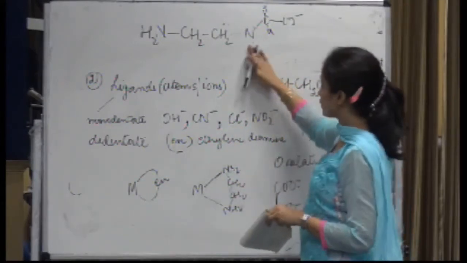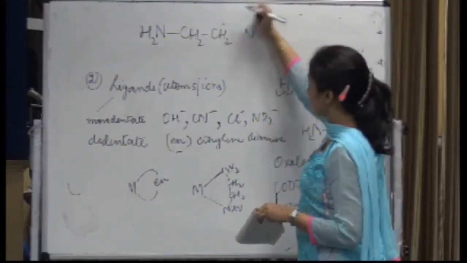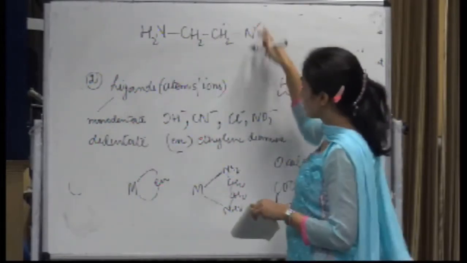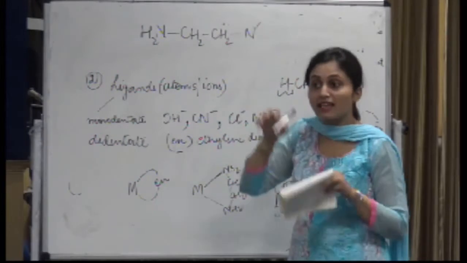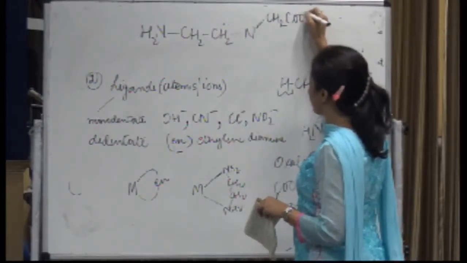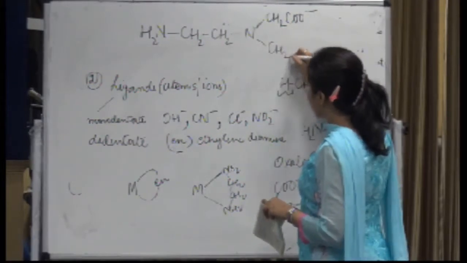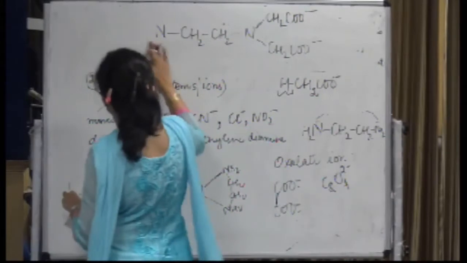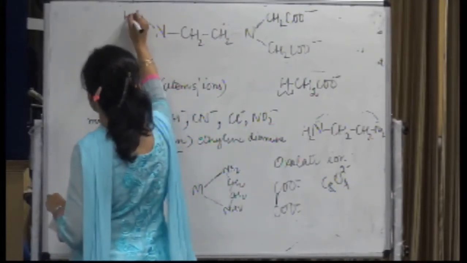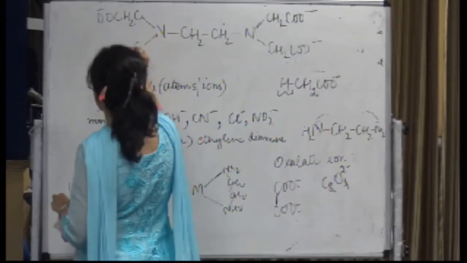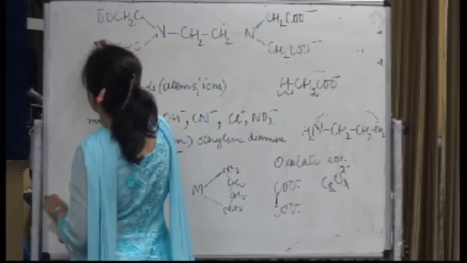Okay, so now I was explaining ethylene diamine, which you understand is CH2 CH2 NH2 NH2. Now here, in place of 2 hydrogens, we have the acetate ion. So you have CH2COO minus, CH2COO minus. It is tetra, tetraacetate, so remove the other two hydrogens also, so you have CH2COO minus and then again CH2COO minus.